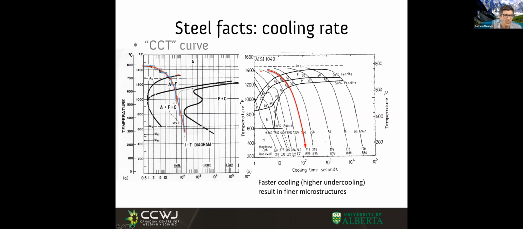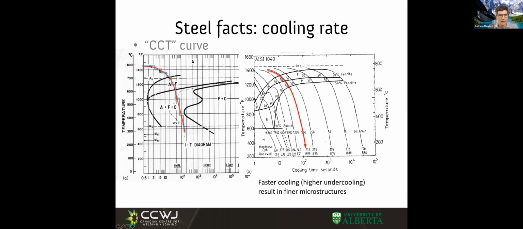Number five, I forgot what number it is. Now, another similarity. We have lines that indicate start and end of transformation. In this diagram, we talk them to death. Here, we have the same. Start of transformation is one line, start of the other transformation, finish of transformation. Other similarity, the phases that appear are the same.